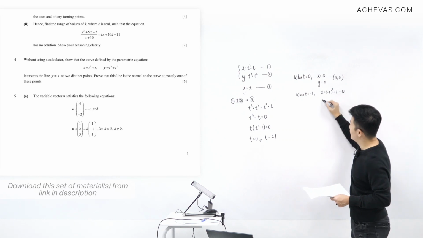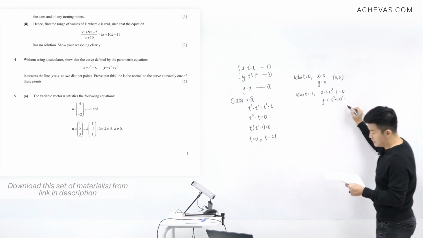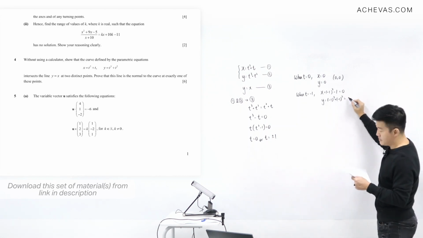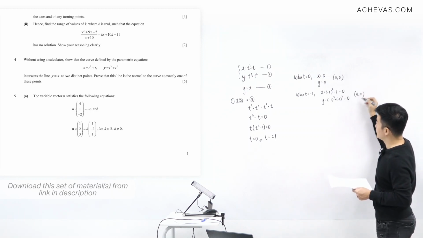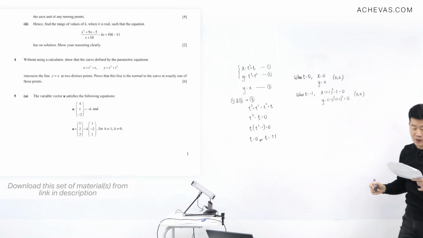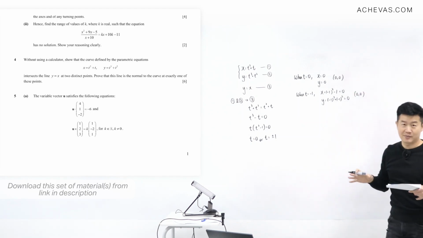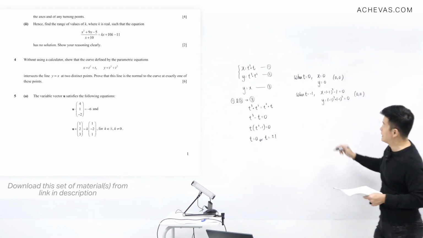This is going to be 0. And y is going to be negative 1 to the power of 3 plus negative 1 squared. This is actually also going to be equal to 0. So we have another point, 0, 0, that is formed when t is equal to negative 1. And these 2 points are actually the same, so they are not considered distinct points.